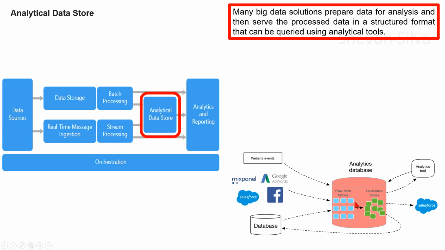Here you can see the analytics database. The raw data table is connected to derivative tables, and website events is connected to the analytics database. Mixpanel, Google AdWords, Salesforce, and Facebook are connected to the analytics database.